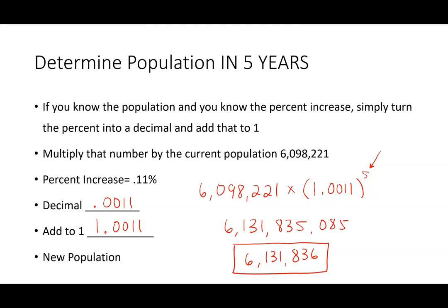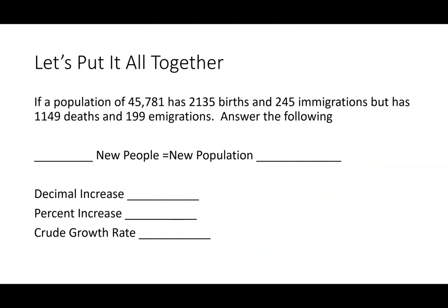And let's put it all together. Now this is about as annoying as it's ever going to get. In this case, I'm telling you how many people we have: 45,000 and change. Not too many. Some people were born. Check. Some people moved in. Check. Some people died. Check. Some people moved out. Check.